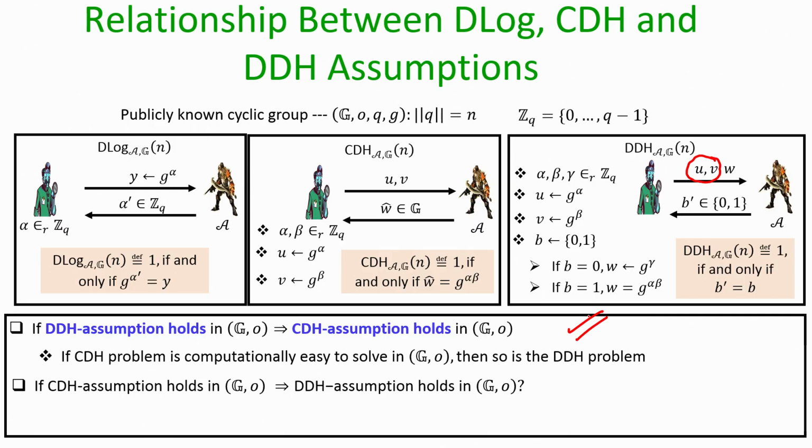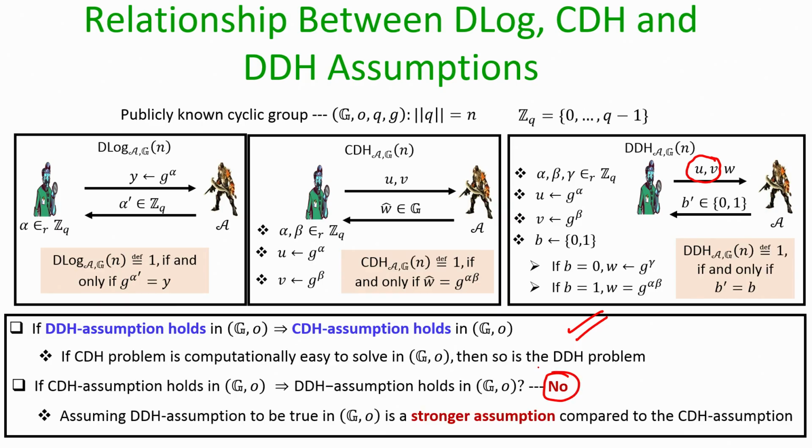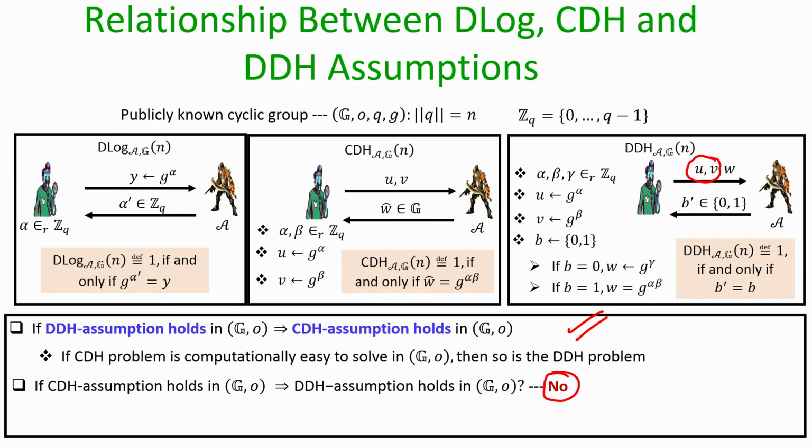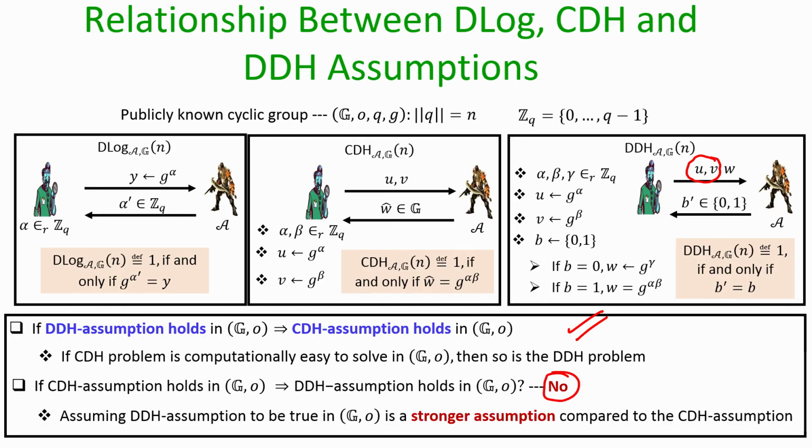Now, what about the implication in the other direction? Can we say that if the CDH assumption holds in the group, then so does the DDH assumption? The answer in this case is clearly no. It turns out that we have some specific groups where we know how to solve the DDH problem in polynomial time, but even though we know how to solve the DDH problem in polynomial time in those groups, we do not yet have any polytime algorithm to solve the CDH problem with significant probability in those groups.